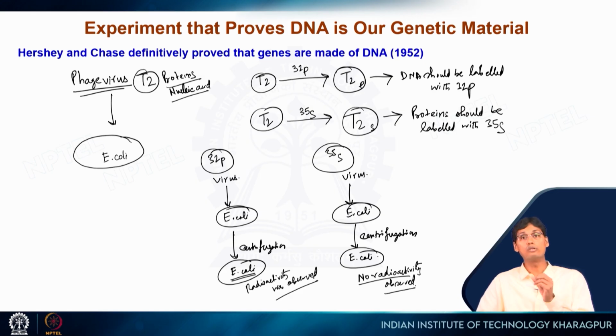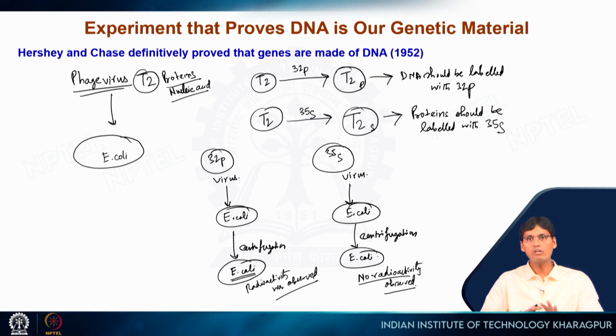That means the nucleic acid, the DNA, is entering the cell, and that causes multiplication of the virus inside the bacterial cell. Whereas when sulfur was labeled, the protein was not entering the bacteria. As a result, it definitively proved that DNA is our genetic material.